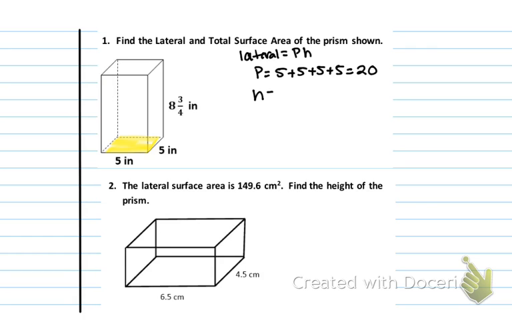Our height is this 8 3/4, which is the same as 8.75. Okay, and then when we multiply them, P times H, we got 20 times 8.75. In the calculator, when we get our answer, we should get 175 inches squared.